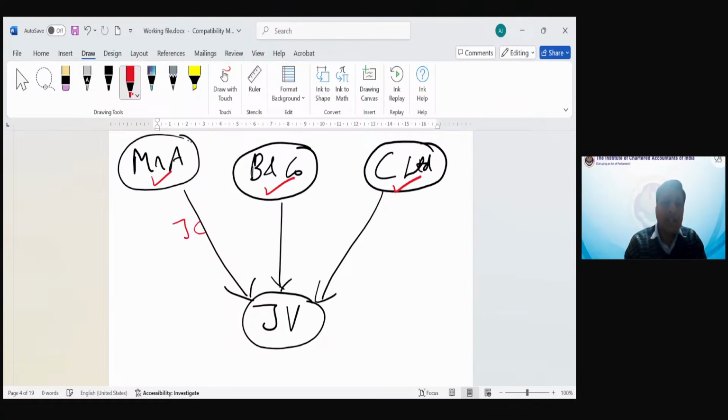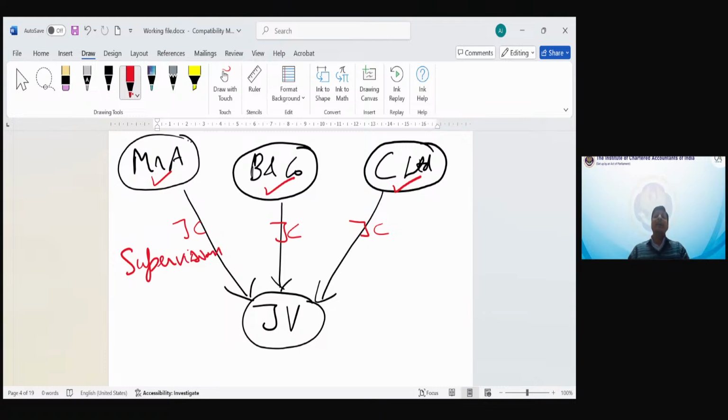So it has got joint control. Now, what are the additional responsibilities assigned to Mr. A? Implementation of any policy, execution of the policy, who will supervise that? Mr. A will supervise that. So you can say supervision responsibility is assigned to Mr. A.